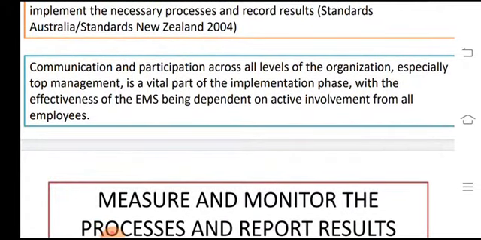Communication and participation across all levels of the organization, especially top management, is a vital part of the implementation phase, with the effectiveness of the EMS being dependent on active involvement from all the employees.